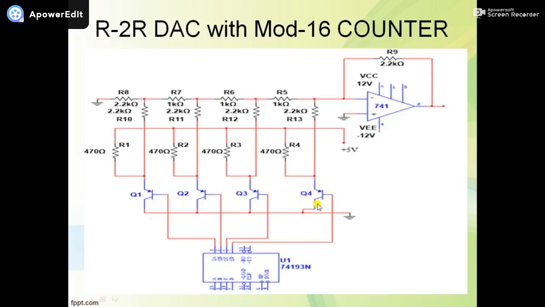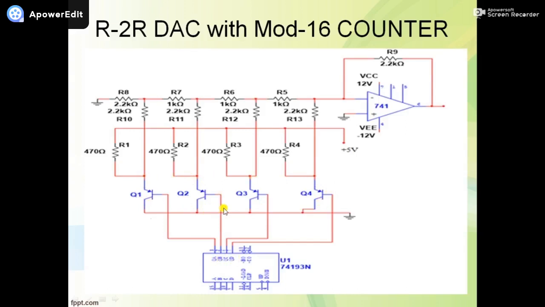Only this transistor becomes an on switch, and through this switch the B0 signal we are applying flows towards the negative terminal of this inverting amplifier, and we get the output in analog form. Okay, so like this you can give any 4 bit digital input signal, and depending on the state of the digital input signal, these transistors act as on and off switches.